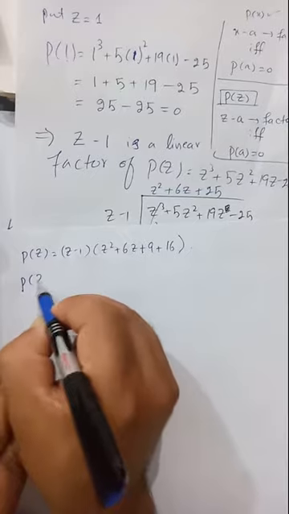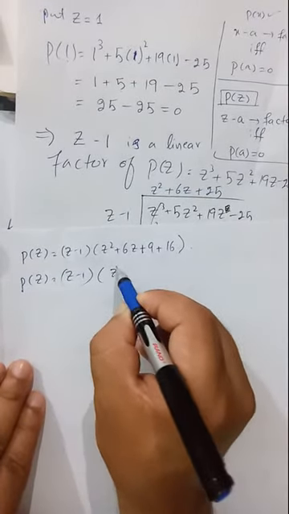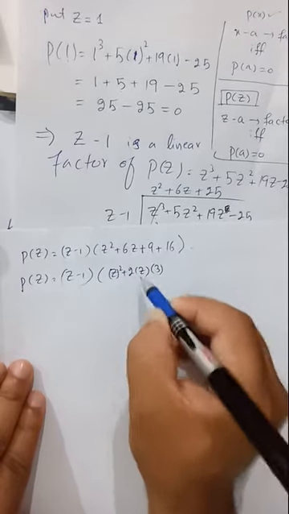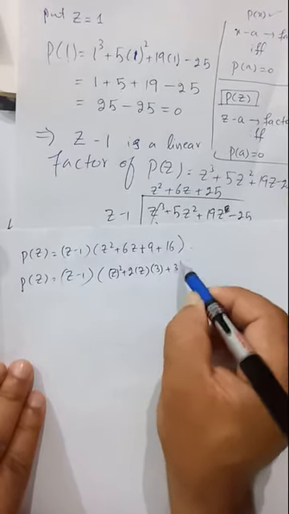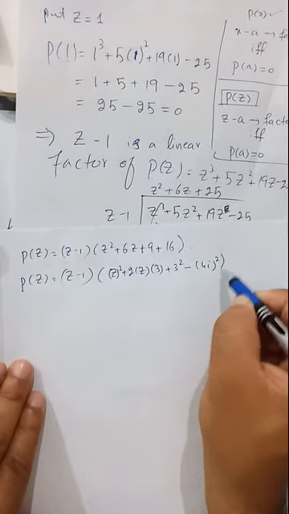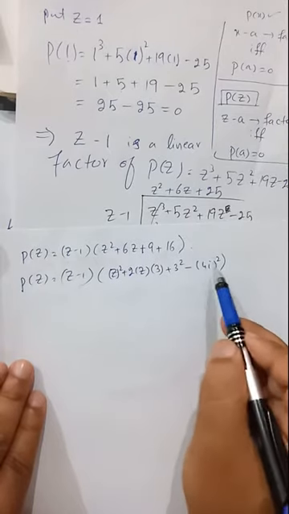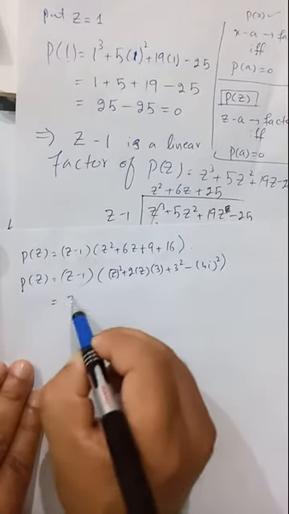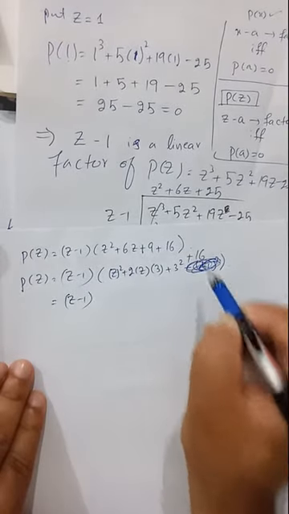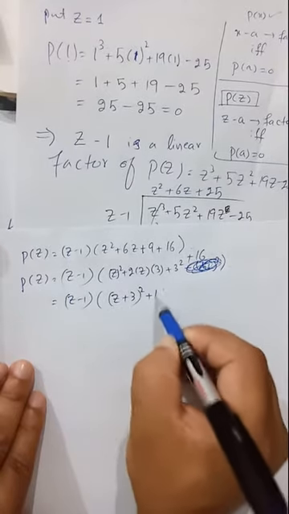So this is p of z, which is z minus 1 times, now I can write z square plus 2 into z into 3, so from this you will get 6z, and this is 3 square, which is equal to 9, and this 16 can be written as minus 4 iota whole square. Now iota square is equal to minus 1, so minus multiplied by minus you will get plus, and 4 square is equal to 16. So this is z minus 1. Now in this step leave it, this is plus 16. So this is z plus 3 whole square plus 16.